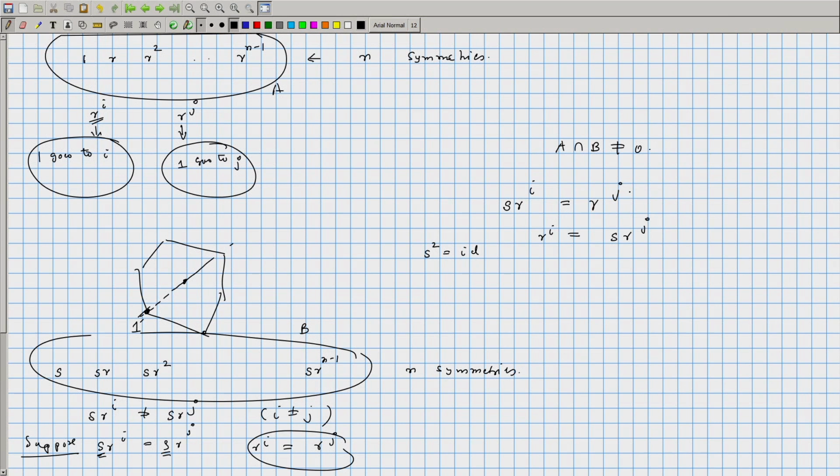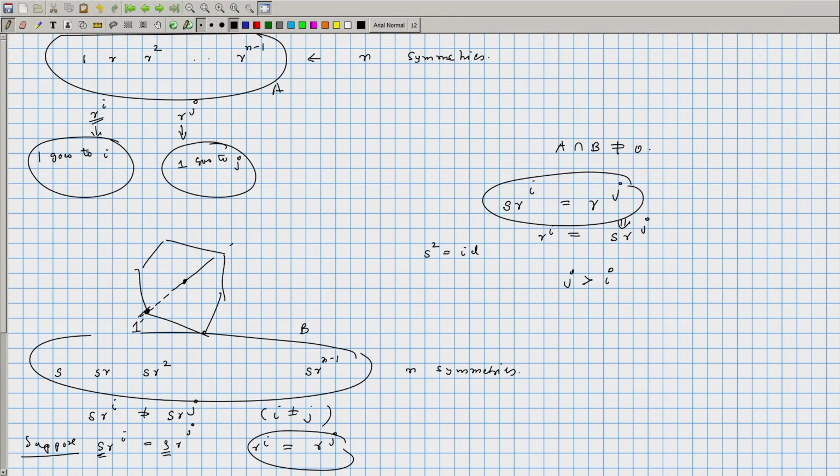This statement would imply the second statement by multiplying with S on both sides. So, we could assume without loss of generality that j is the larger quantity, j greater than i. So, S r raised to i is equal to S r raised to j, and therefore we can cancel.